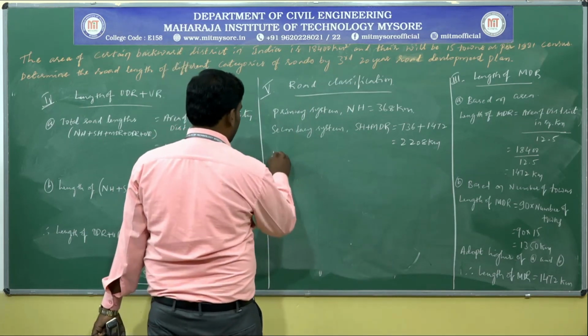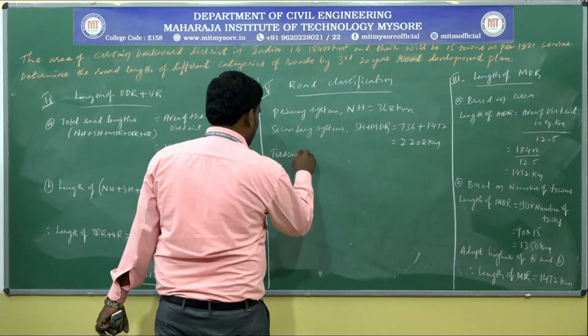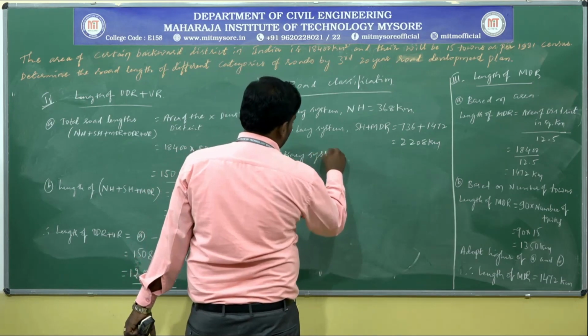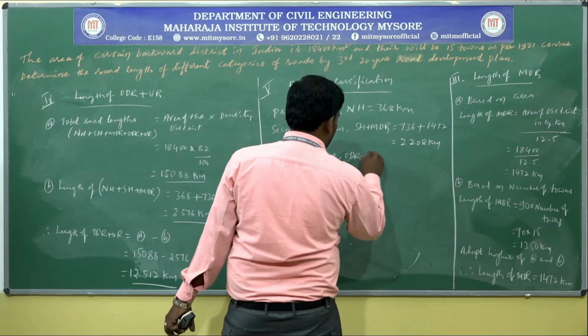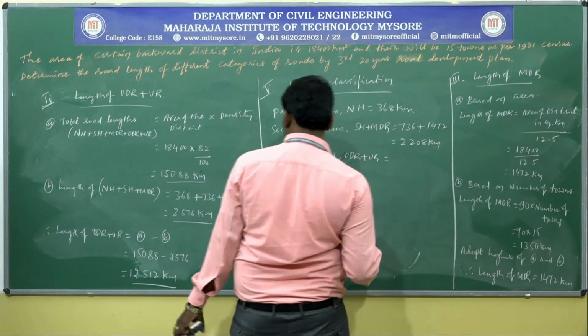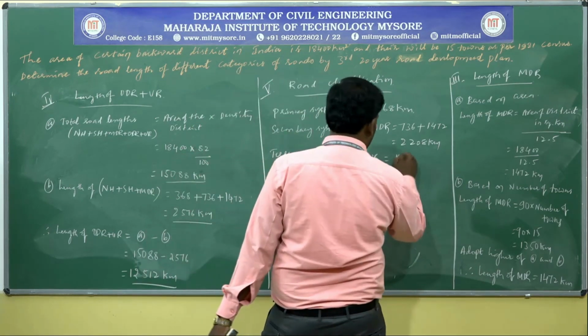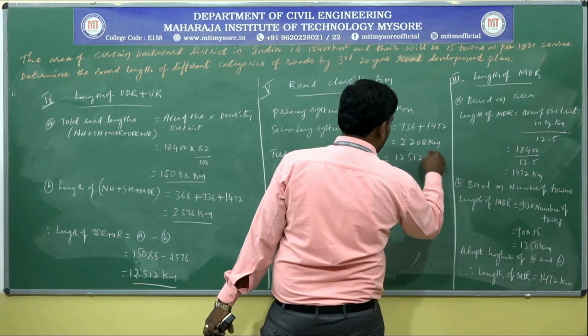And the tertiary system, that is ODR plus VR, is 12,512 kilometer.